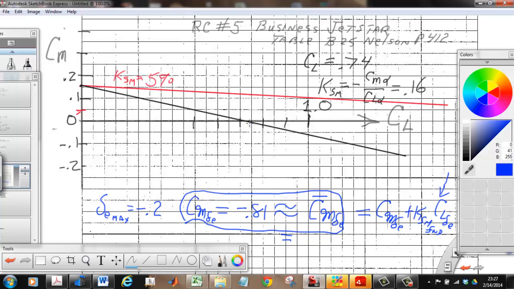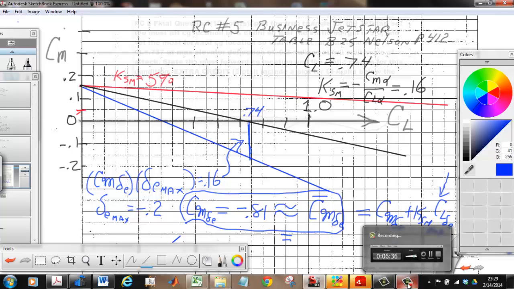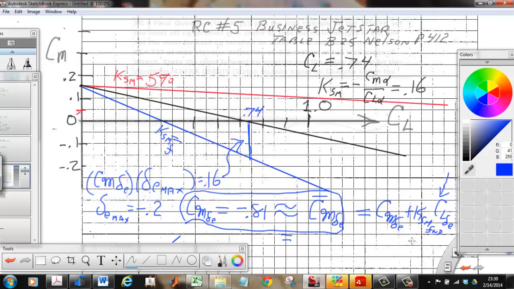So the forward CG is going to look like this line, and this slope is going to be 0.16 plus 0.27, so that's 0.43.